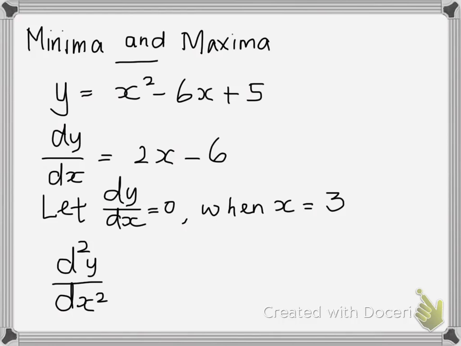So it is d2y dx squared. You differentiate 2x minus 6 with respect to x, and you get 2. The second derivative is greater than 0, therefore this is a minimum.